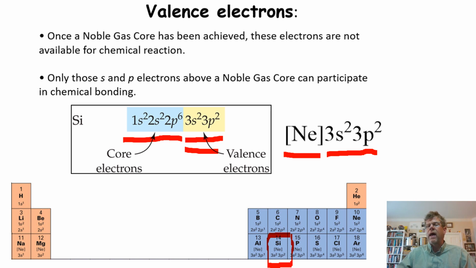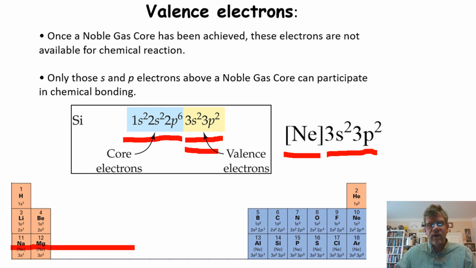How do you tell how many valence electrons a particular element has? Well, look at what we were doing. We were going straight across, and we would count across the periodic table. For instance, for silicon, how many elements do we go through? Well, 1, there's sodium, 2, magnesium, 3, aluminum, and 4 into silicon. There are 4 valence electrons for silicon.